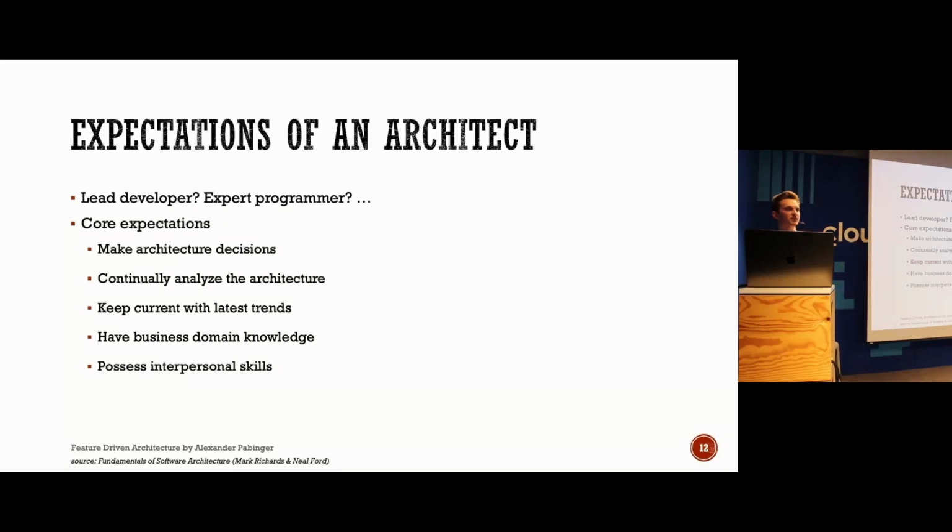You should possess interpersonal skills because the software architect is not the only team member. He also has developers in his team, and he has to communicate with them. He should be a guide to them. He should not decide that we go in this direction without talking with the developers about where we go. And he should understand and navigate politics. Why is that important?